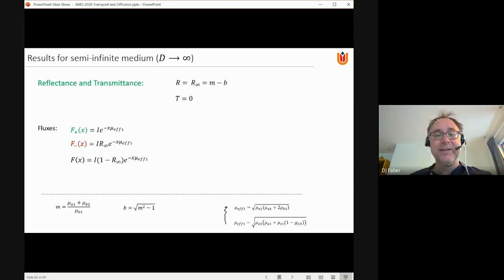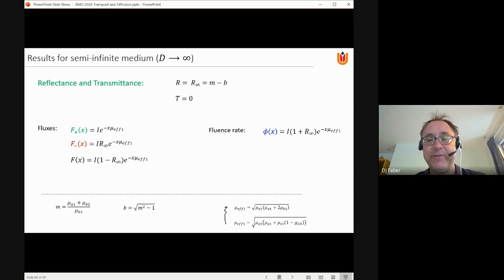So basically, these look an awful lot like Lambert-Beer's law. The only difference is that because this light can go back and forth, the net decay of light is a little bit slower than if it were only absorption or only scattering. But in essence, it is just again a manifestation of Beer's law.